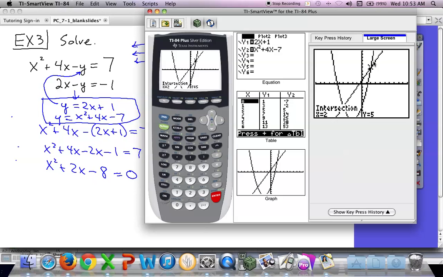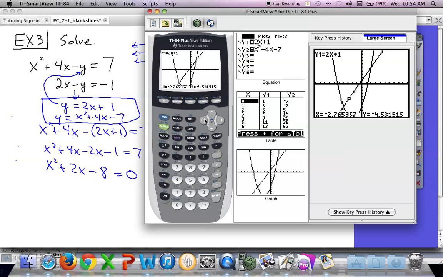Okay, here's the thing you've got to understand. If we go through the second process again, the same way, we're going to get the same point. We need it to go to the other point. So how do we do that? Well, before you start, move the cursor. Use the trace and just move the cursor closer to that second point.